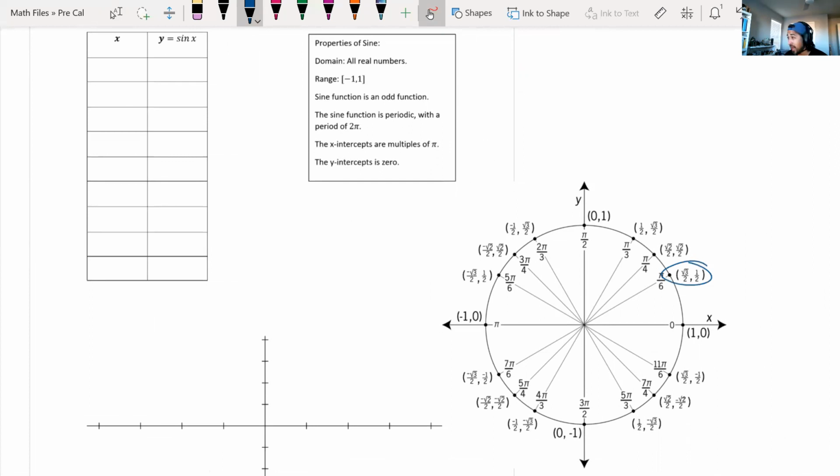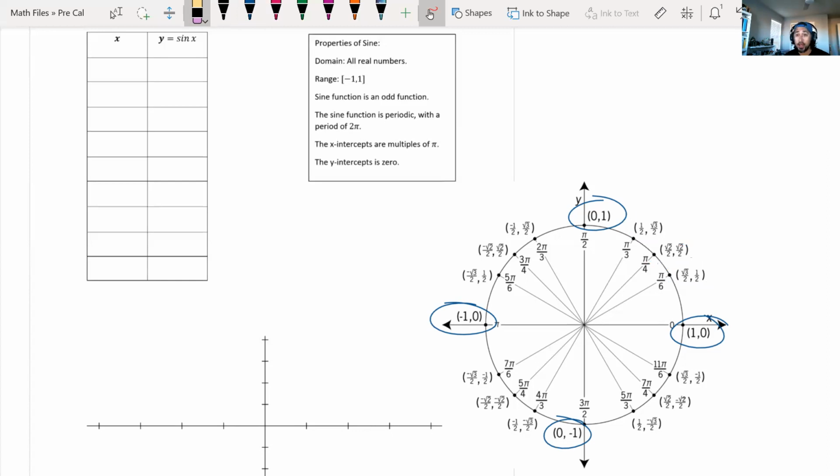I mean, 1/2's not bad. 1, 0. Good. 1, 0, 0, 1, -1, 0, and 0, -1. Graphing 1/2 isn't bad, but do you want to graph the square root of 2 over 2? Do you want to graph the square root of 3 over 2? Hard pass. So 1 and -1, these coordinates are the best ones to choose.